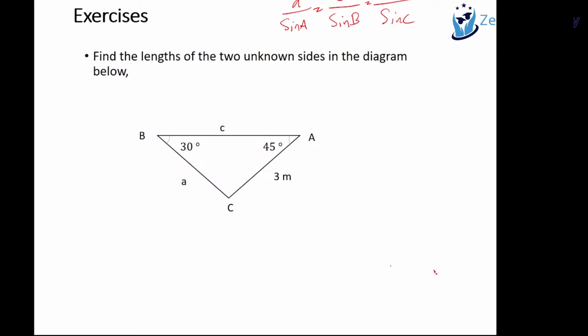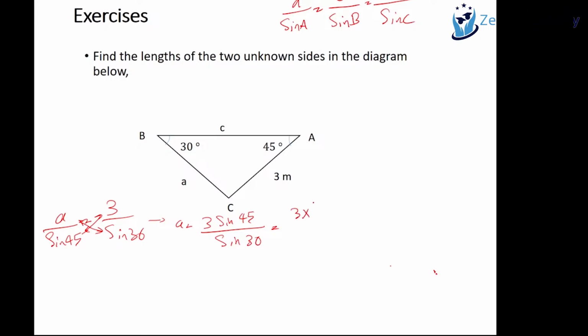Okay, so I can look at this one and I see 30, 45, and I look at the sine rule. It seems that a could be a good start. So it would be a over sine 45, which is the opposite angle, equals 3 over sine 30. So if I rearrange this by cross multiplication, I get a equals 3 sine 45 over sine 30.